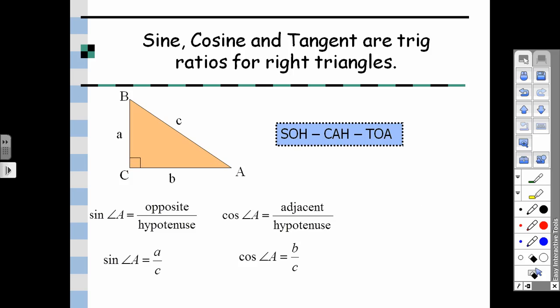Okay, let's clear that. Then we go to tangent, which if we look up here with the TOA, that's opposite over adjacent. For angle A, once again, opposite is A, and the adjacent is going to be B. So we don't deal with the hypotenuse at all. So for tangent, that's A over B. All right, so what you need to do is memorize SOHCAHTOA. You need to recognize which angle you're talking about, either angle A or angle B, and know which sides are opposite and which ones are adjacent.